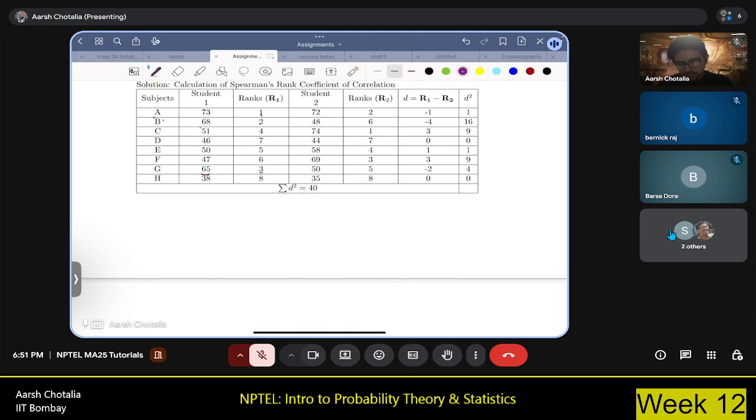And then the formula is r is equal to 1 minus 6 times summation of d square divided by n into n minus 1. Or was it n square? Yeah, n square. So 1 minus 6 times 40 divided by n, which is how many subjects? So 8 into 63. Once again, we can calculate this.